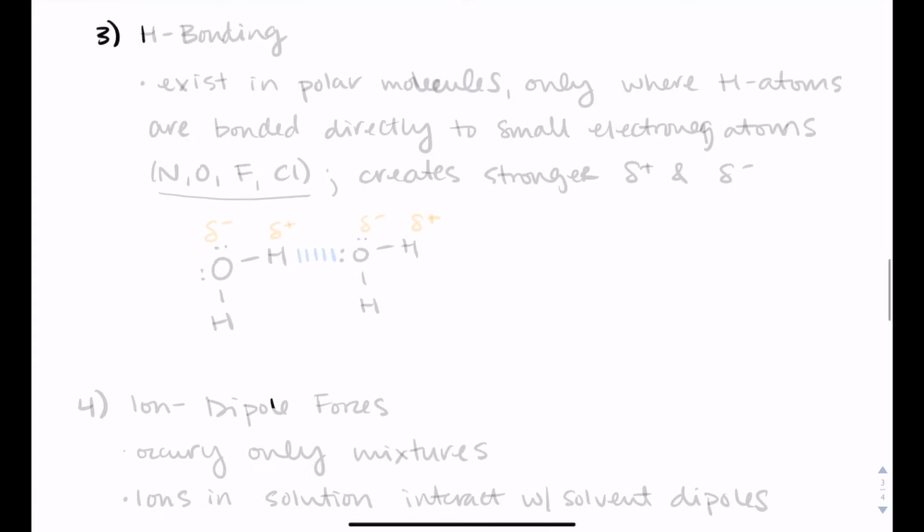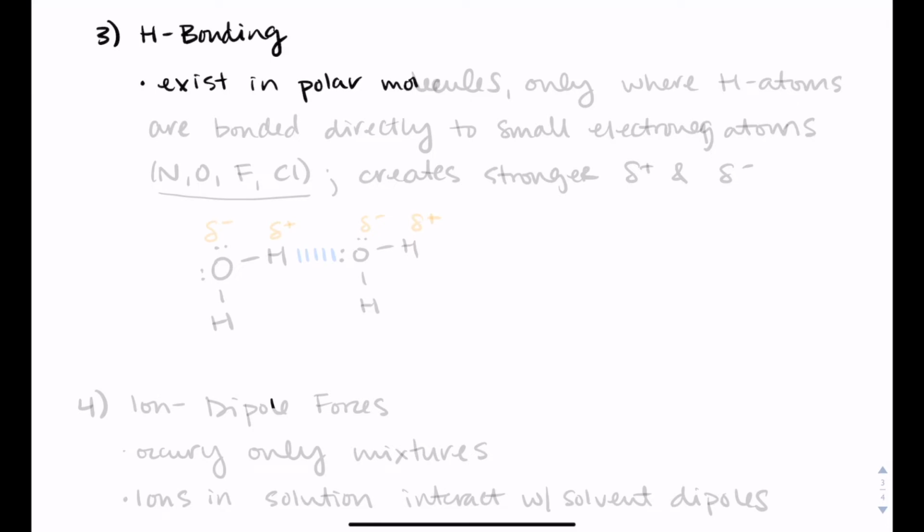The next intermolecular force is hydrogen bonding, and this is the strongest intermolecular force. It is a strong enough intermolecular force that sometimes when hydrogen bonding is talked about in biology, it's referred to as the weakest bond.